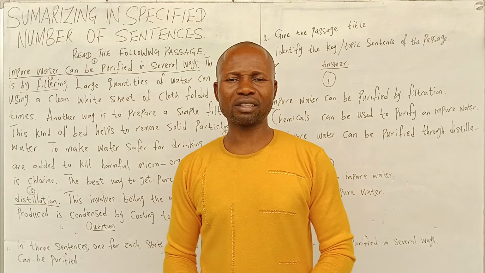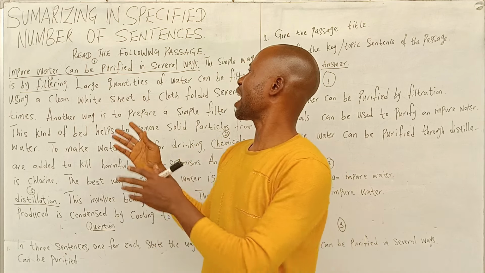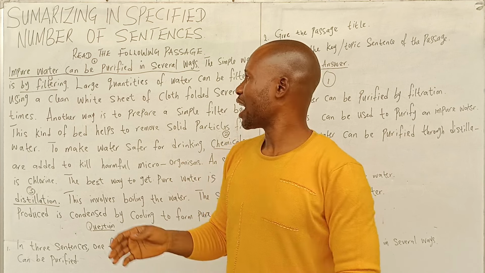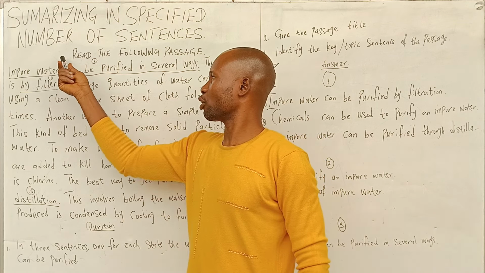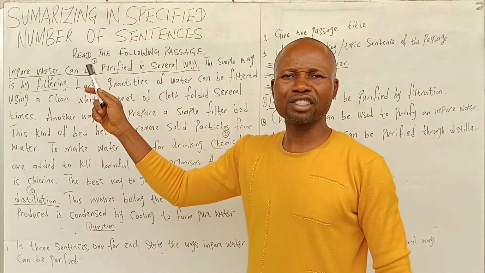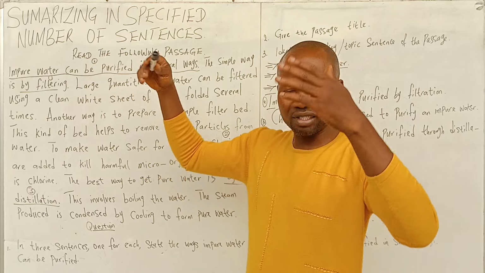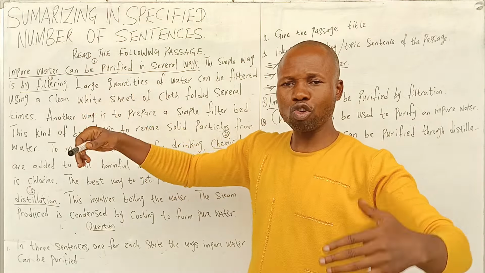So these are ways by which impure water can be made pure, and this is a way of identifying your topic sentence. Topic sentences usually come at the first line of a passage. But on some rare occasions, you will find it in another place within a passage.